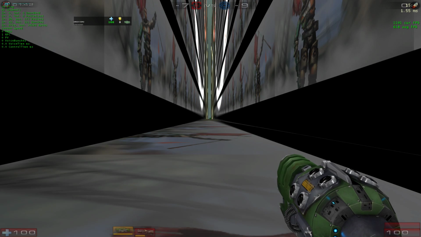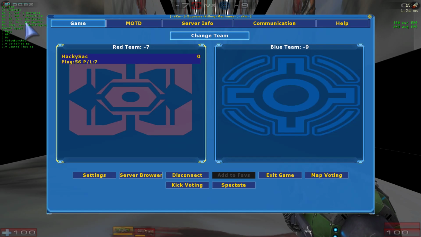So now if you look at my out packets, they are almost in sync with my frame rate now.